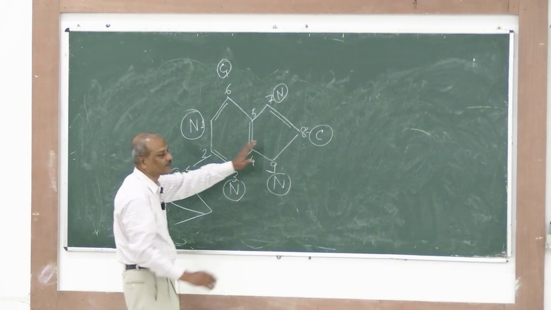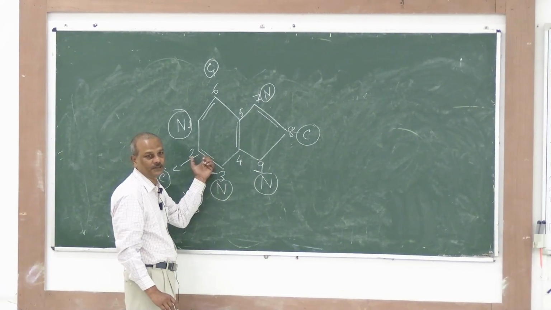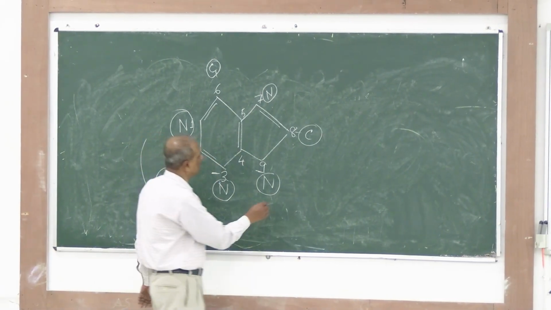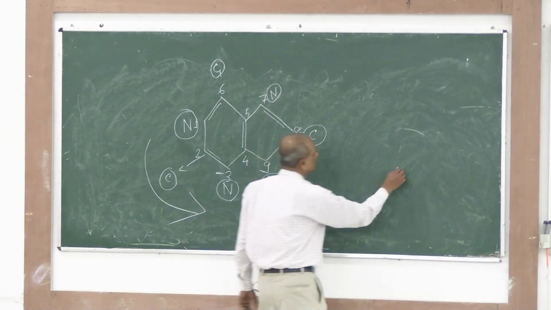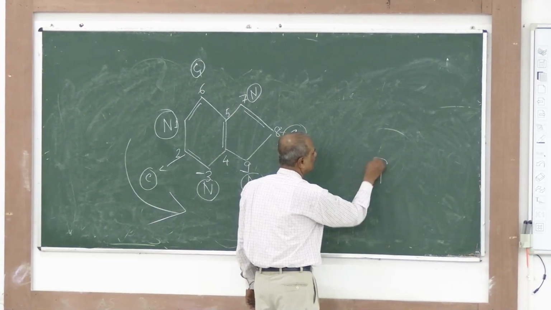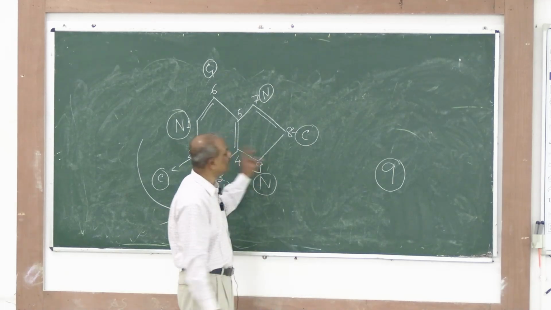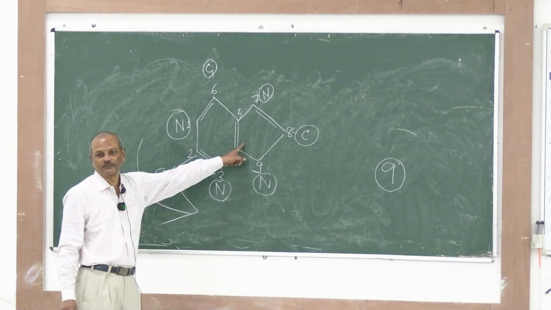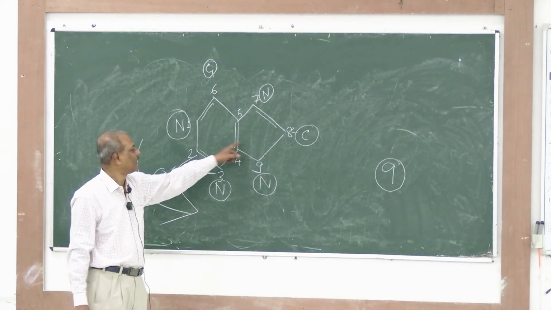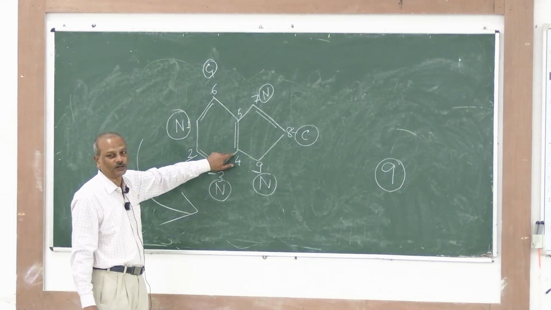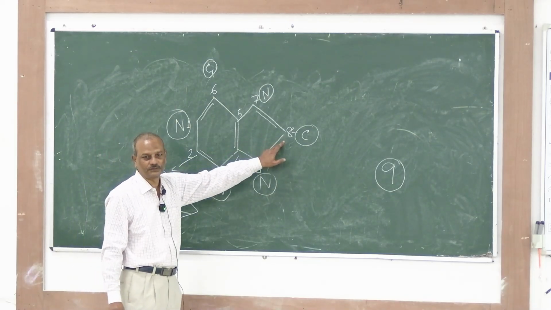So this is the right sided ring and the left sided ring. It starts from position 9. The imidazole ring is produced first, and after starting this ring, a part of it is closed.